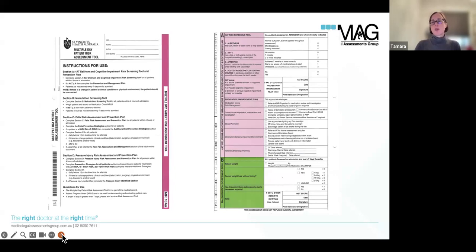It's meant to look for potential problems, assess risk, and therefore institute measures to prevent problems such as people becoming confused during a hospital admission, having a delirium, whether someone's at risk of malnutrition, whether someone's at risk of falling on the ward and should perhaps be nursed in a line of sight room or have very much attention to bed rails and other monitoring, skin integrity, pressure injury, and so on.